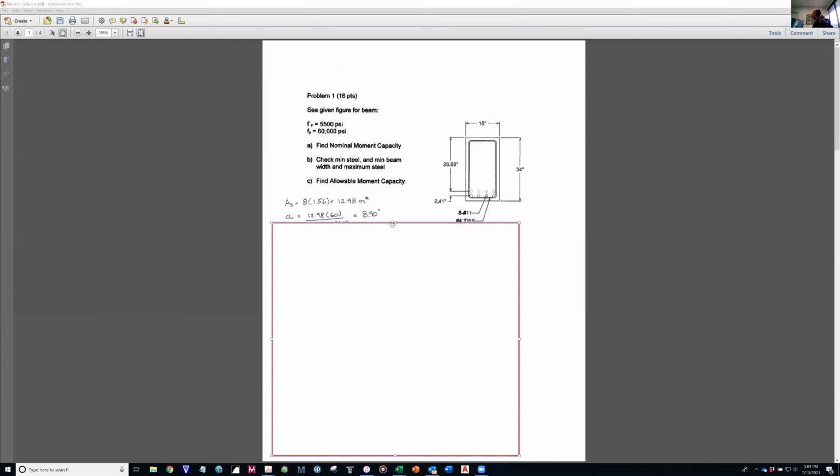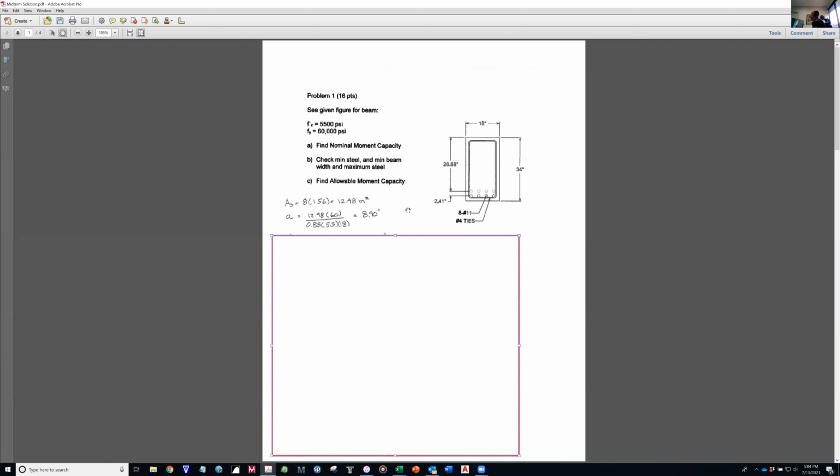The next step is to calculate your effective depth a. So a is AsFy over 0.85 f'c b. I'm sure you noticed that I gave you an f'c that's an odd number, 5,500 psi, so you have to do some of these calculations by hand.